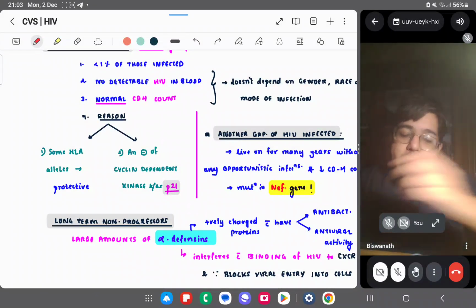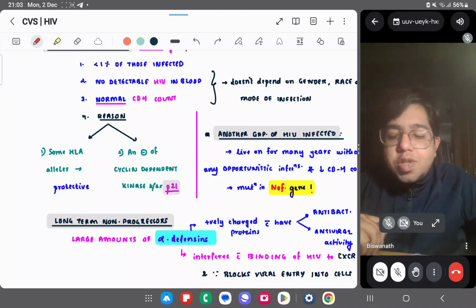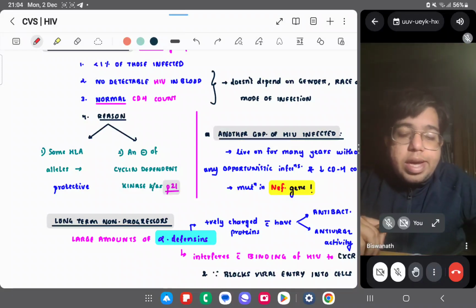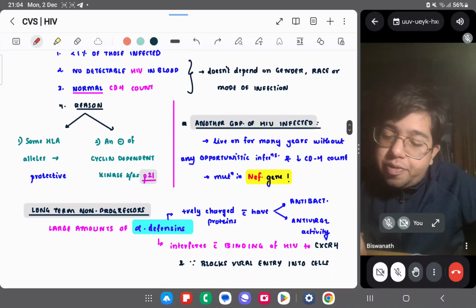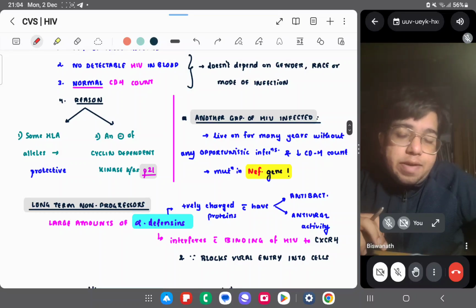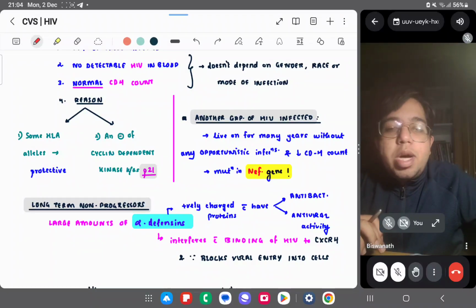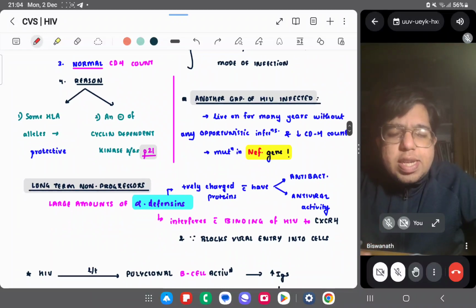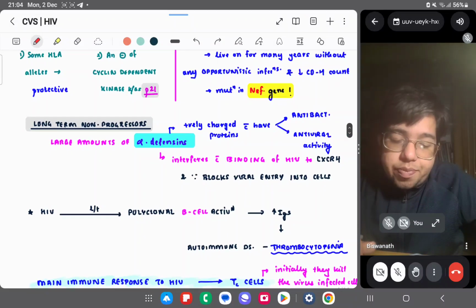And inhibition of the cyclin dependent kinase inhibitor known as P21 also causes this. Another group lives for many years without an opportunistic infection or decreased CD4 count. When it affects the NEF gene, then some may live for many years without any infection. Okay, so these are some of the special cases.